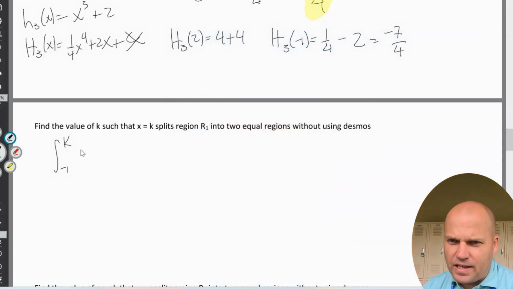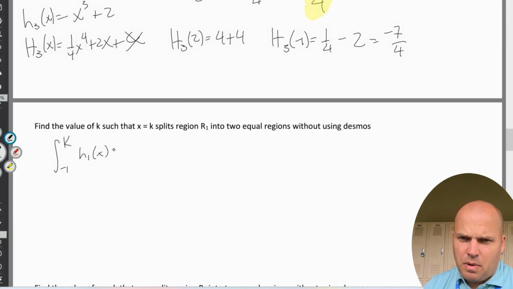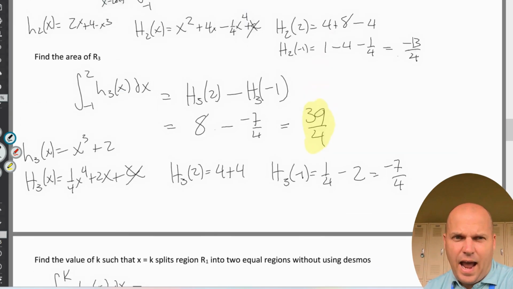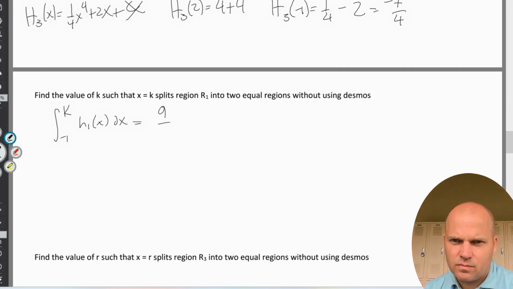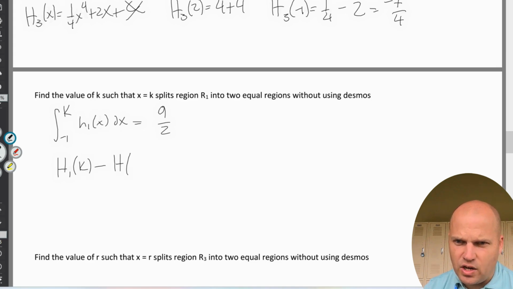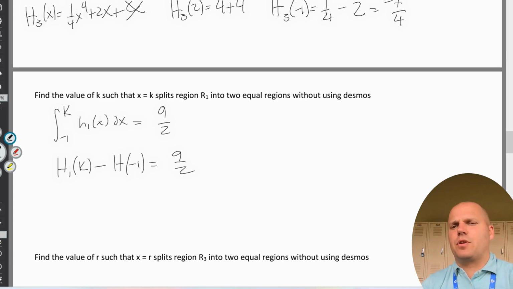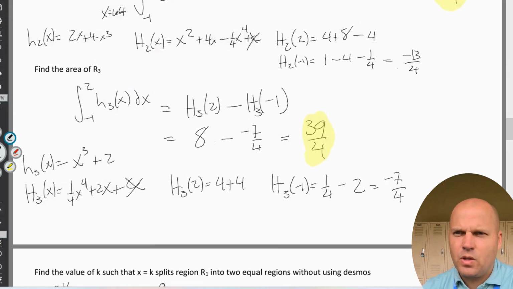So if I sum up from -1 to k my heights times my widths, I should get half of my area, or 9 halves. Well, that means super H of k minus super H of -1 will equal this. I'll be able to set up and solve an equation for k.